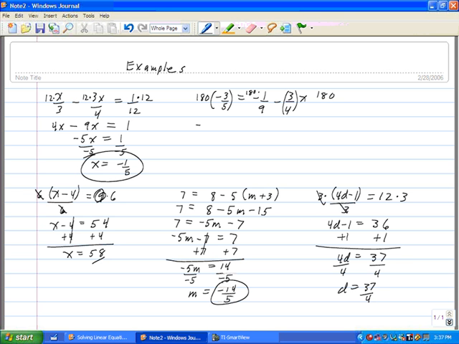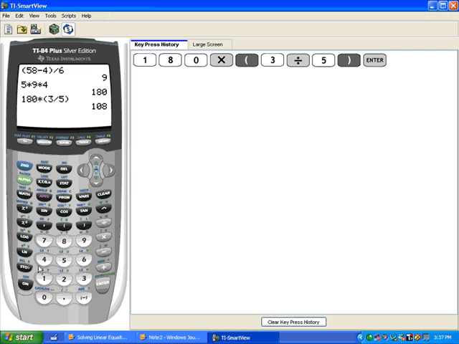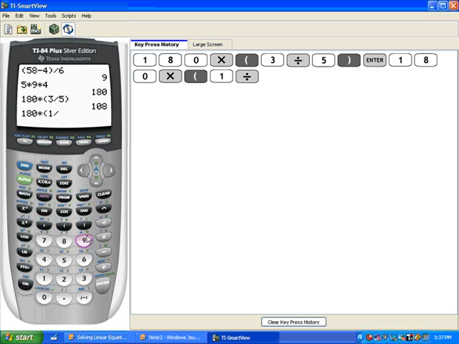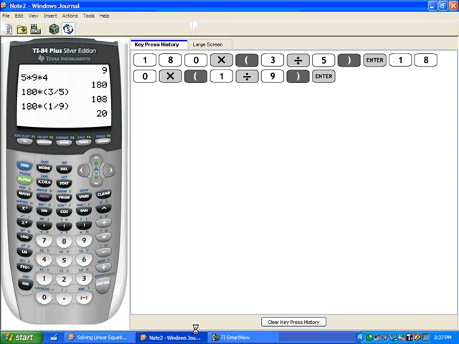So it's a negative 108 equaling, now for the 1/9, 180 times 1/9 is 20.